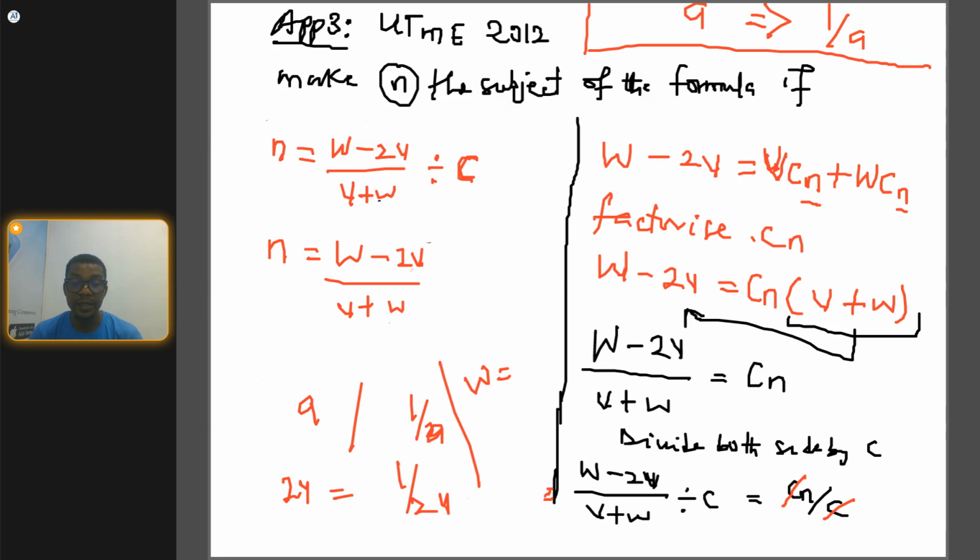I said A is the alphabet, and the reciprocal of A is 1 over A. You always have 1. It means you are writing the inverse of that number. 2y, the reciprocal of 2y is 1 over 2y. So what's going to be the reciprocal of W?